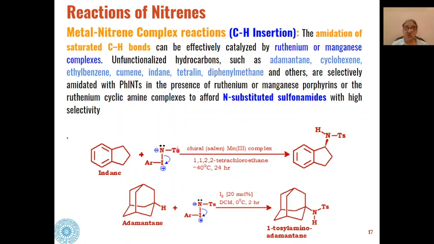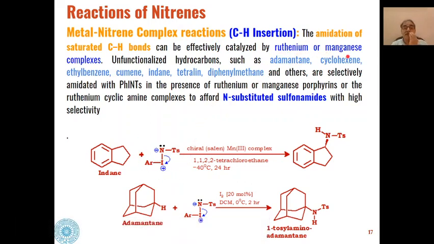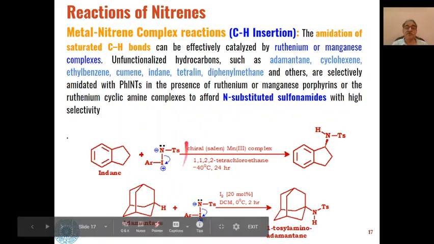So these metal-catalyzed ruthenium or manganese complexes, in the presence of these types of reagents, convert these hydrocarbons into these types of amines.